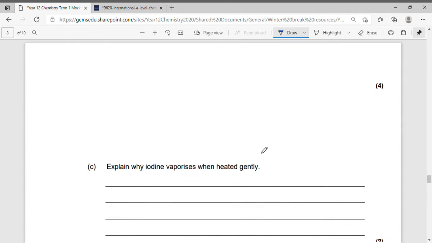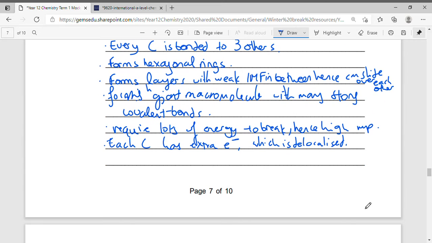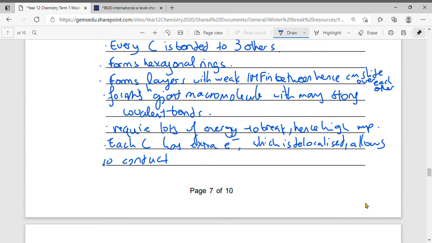I'm not sure how much else I need to write. This allows it to conduct heat and electricity well. A long answer.